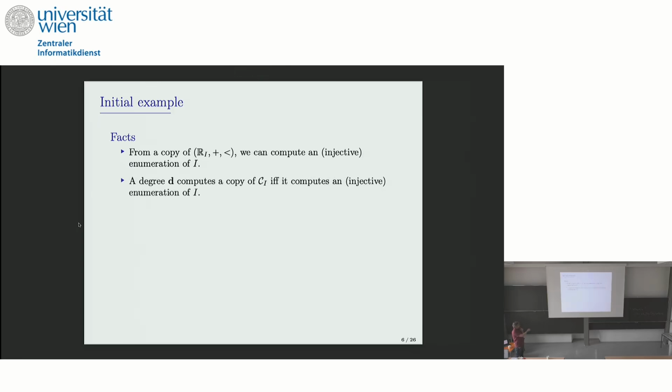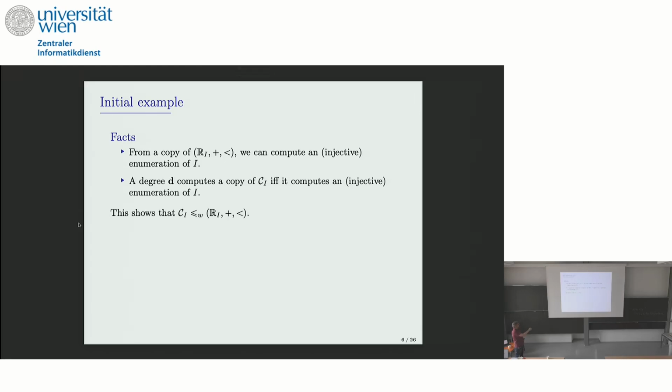And a degree D computes a copy of Cantor space over the ground reals if and only if it computes an injective enumeration of those sets. There's nothing to this, except that injective is free.